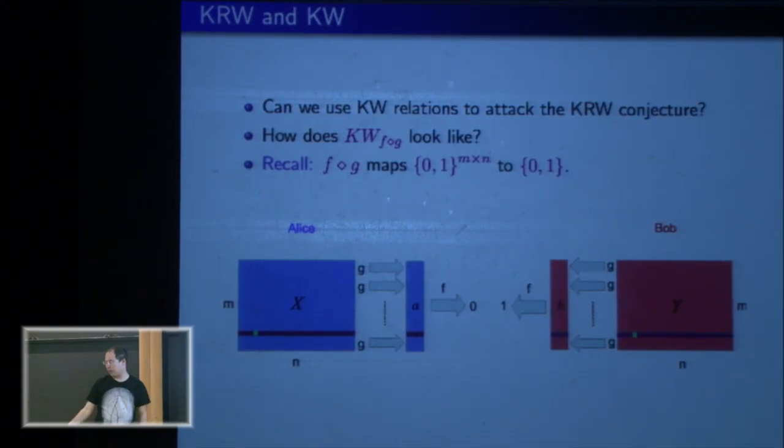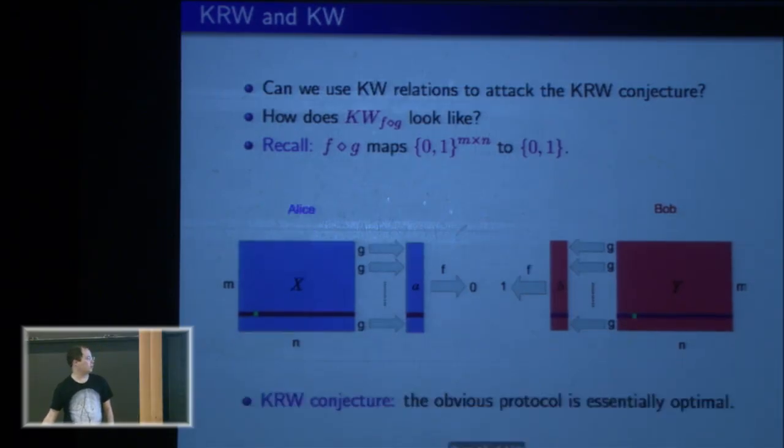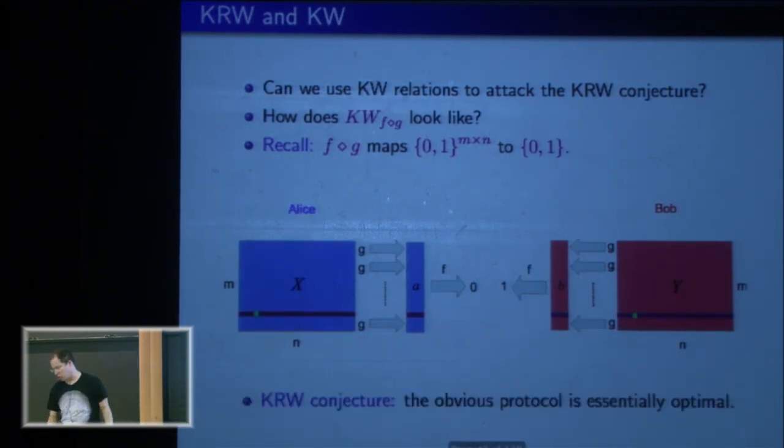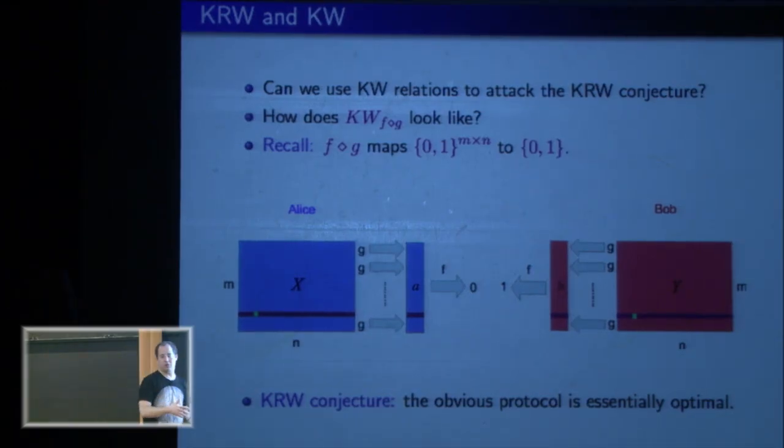So now, what is the complexity of this protocol? Well, the complexity of this protocol is the sum of the communication complexity of KW_f plus the communication complexity of KW_g. So the KRW conjecture essentially says that this obvious protocol is essentially optimal.